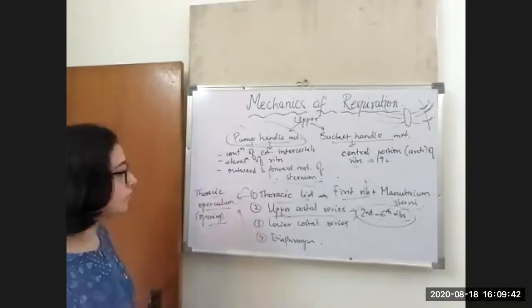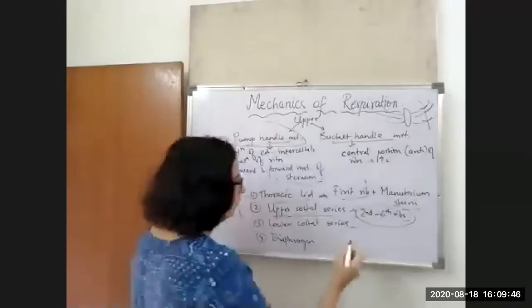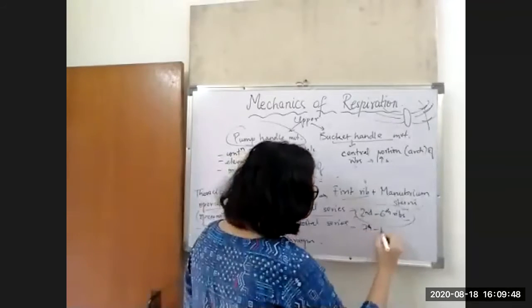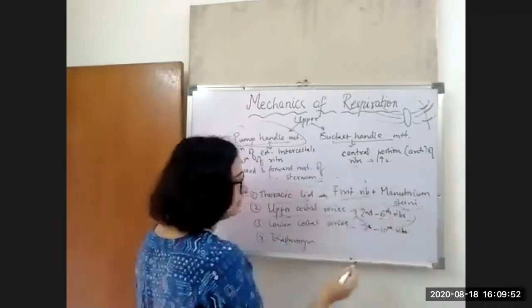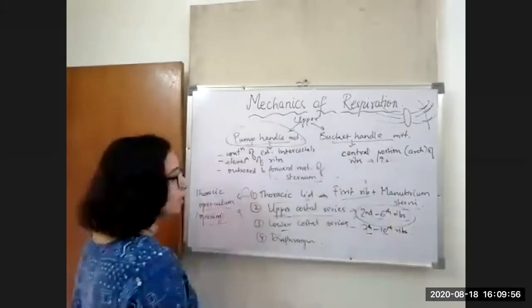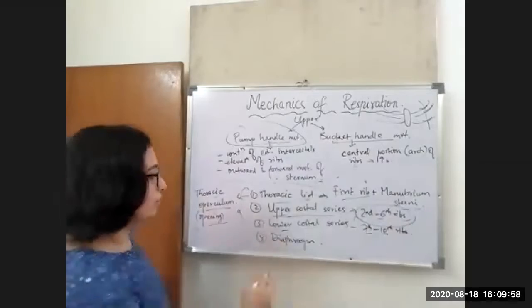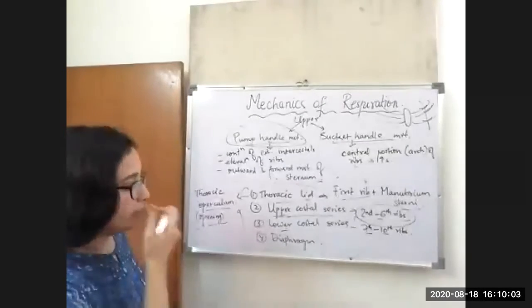Okay, so now what are the lower costal series? These are your 7 to 10 ribs. Okay, the upper series ends at 6, then the lower one starts from 7 to 10. Now these are your lower costal series, 7th to 10th pair of ribs. Okay, now what does it do?